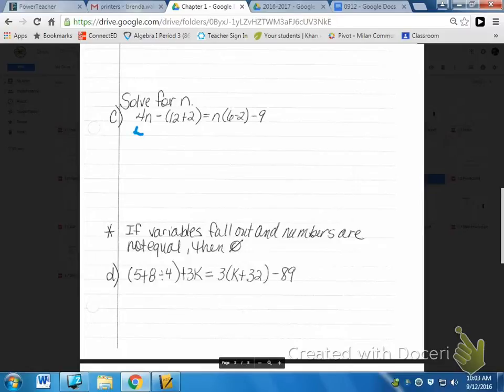We're going to go 4n. Go ahead and distribute through there, Ben. Minus 14. Minus 12, and then minus 2. We're following the steps, so distributive property first, okay? We distributed. Now distribute on the right.